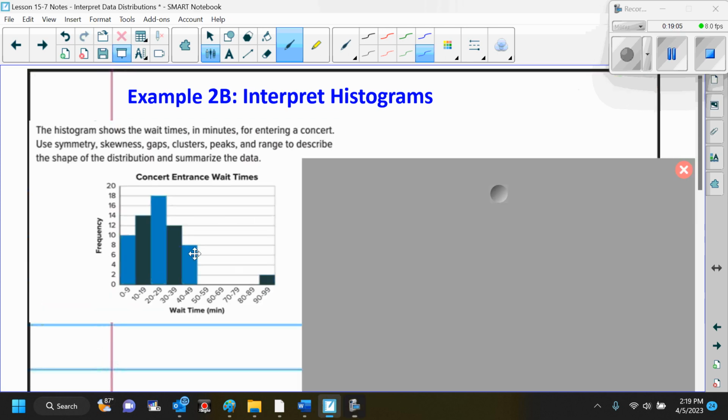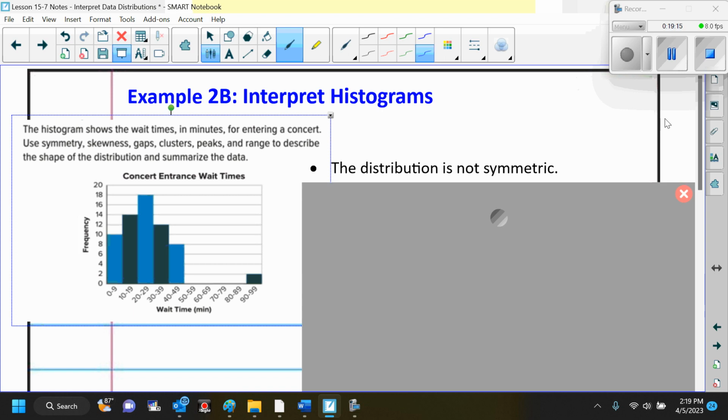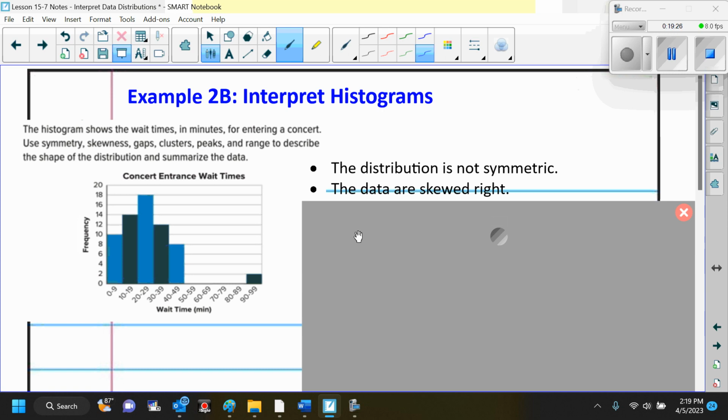So the first thing we notice is that we cannot fold this in half and it be the same. So we know that this is not symmetric. Okay? You can see that's not symmetric. You can see that most of the data is on the left. So this means this is skewed to the right.